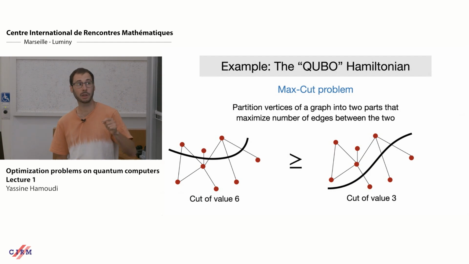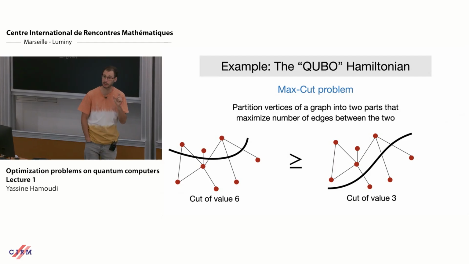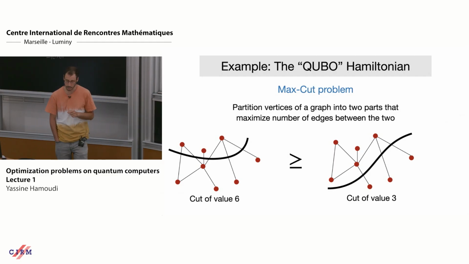Another cut on the right is of value only 3 because it cuts only 3 edges. So max cut is about finding the cut that will cross as many edges as possible.